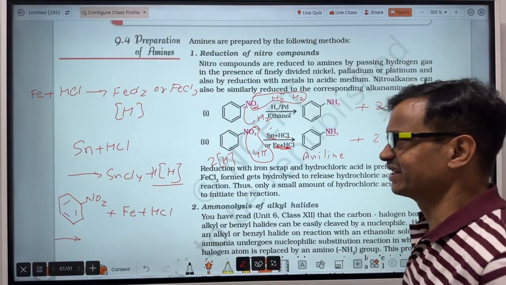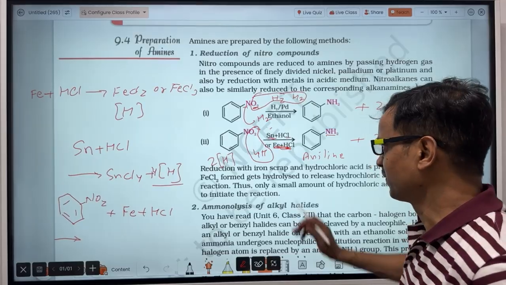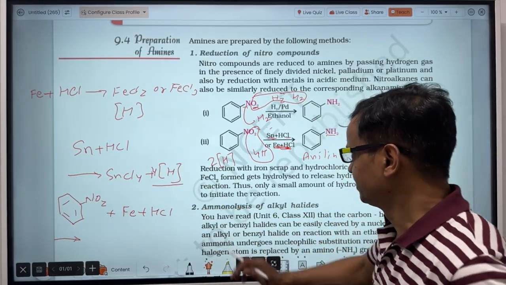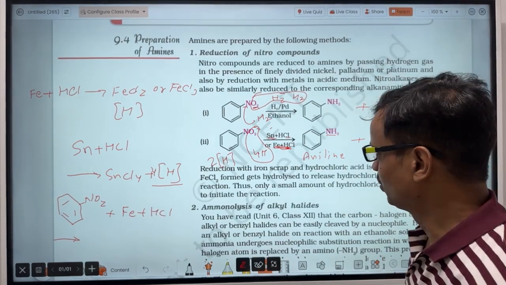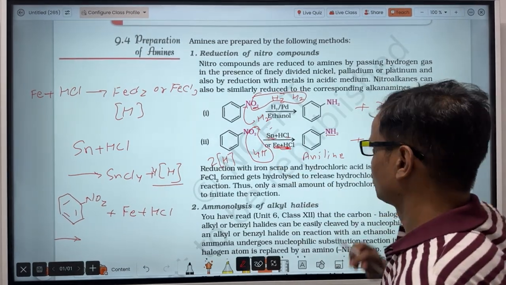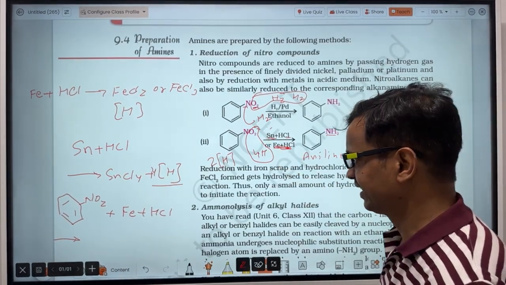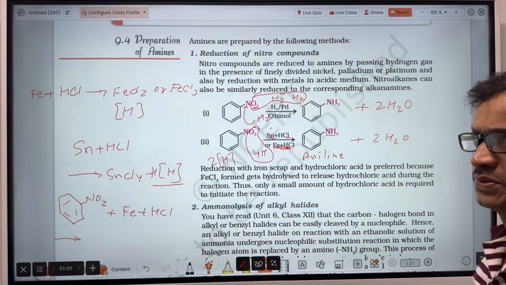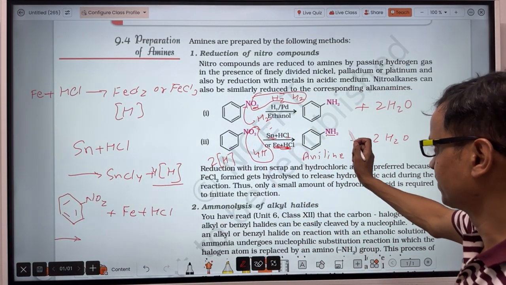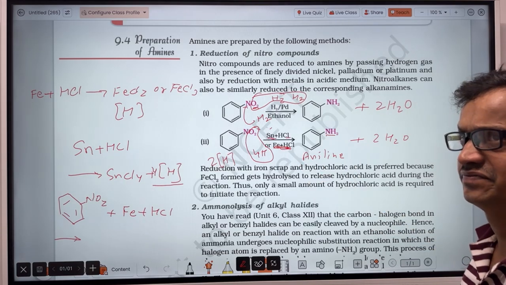then strontium reacts with HCl and provides nascent hydrogen. These 4 nascent hydrogen will combine with 2 oxygen and form 2 moles of H2O, and the other 2 nascent hydrogen will combine with this nitrogen and form NH2. So as a result, there will be formation of aniline.